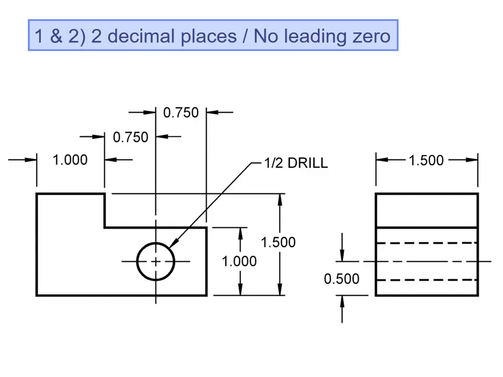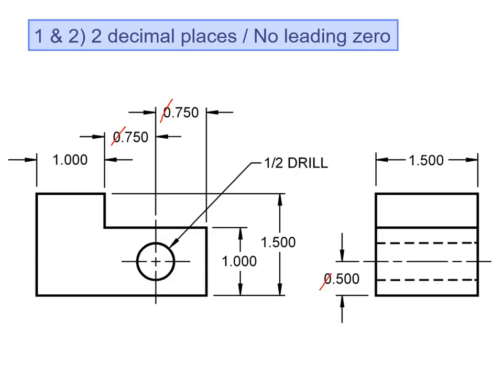Anytime you're dealing with inches and the dimension is smaller than 1, you do not use the 0 in front of the decimal point. Here we have another one over here on the side view. So when you're dealing with inches, you do not put a 0 in front of the decimal point. If this was millimeters, you would place a 0 in front of the decimal point. So that's one way to distinguish millimeters from inches.